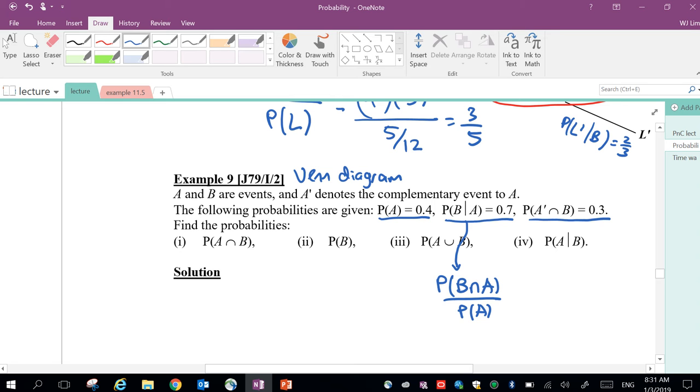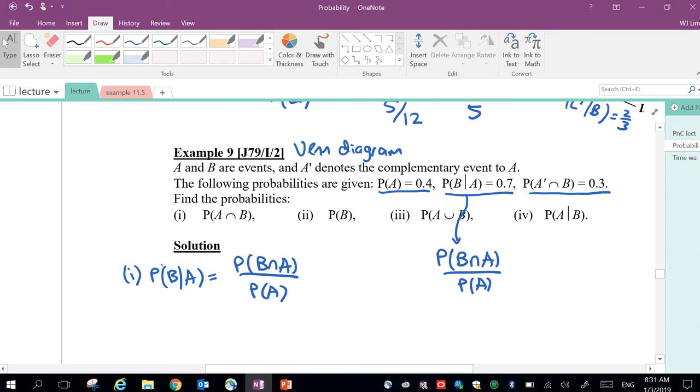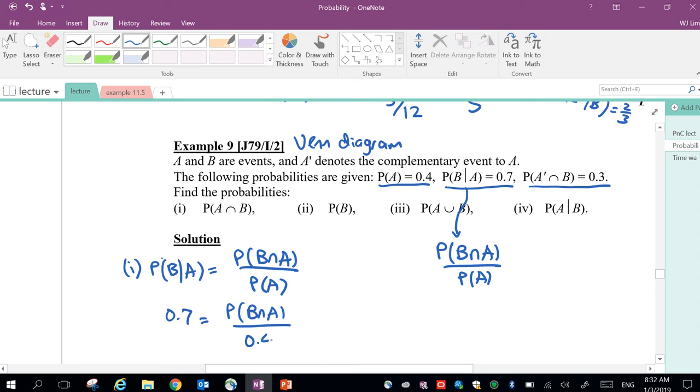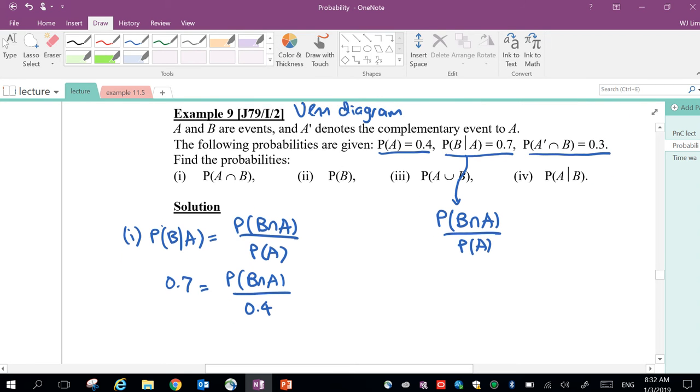So for part 1, B given A is B intersect A divided by probability A. You got this to be 0.7. So probability B intersect A will be divided by 0.4, because it is given in the question.